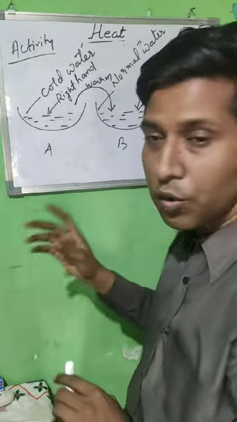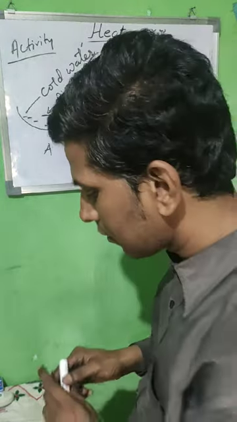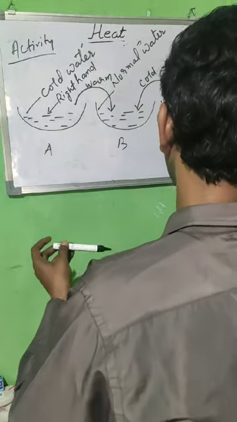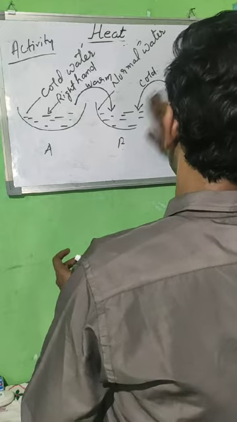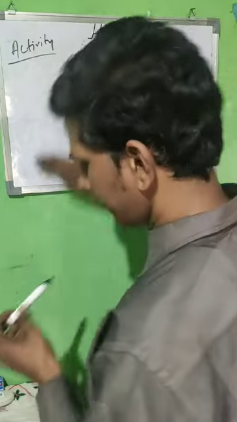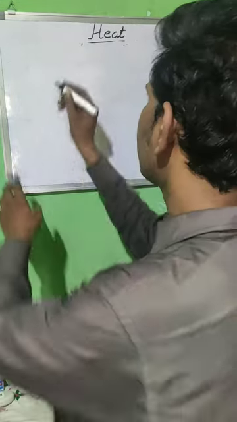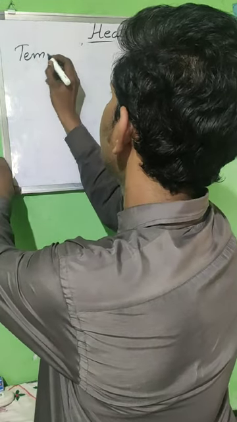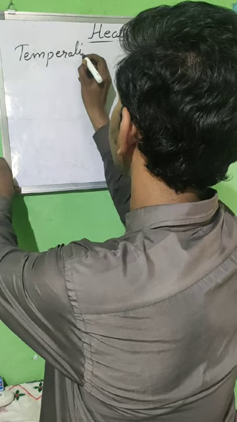So after this we are going to start temperature. That is a very important term to understand the extent of heat of any particular body. Clear? So the next thing that we will study is temperature.